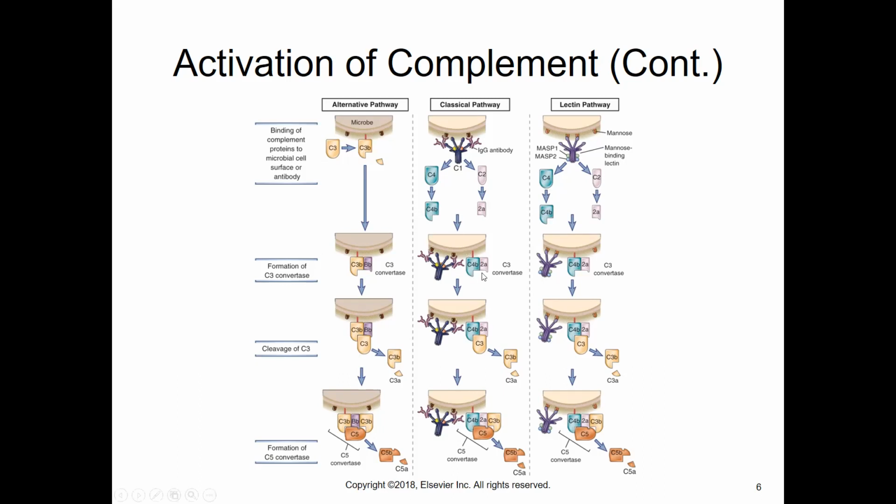So here's where we are. C4b C2a enzyme, which is also known as your C3 convertase. So basically what you need to know is that C4b C2a is also the same thing as your C3 convertase.